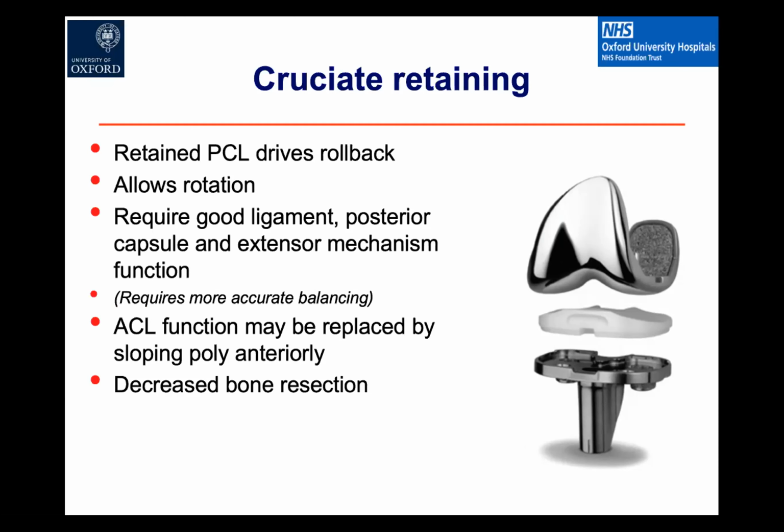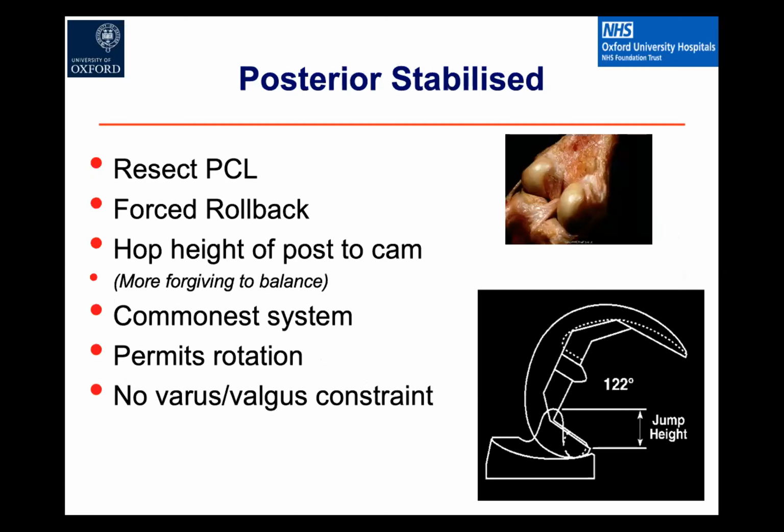So some people say I use a PS because it's easier to balance. You should be balancing your PS and CR implants perfectly, and not just be lazy and use a PS implant just because you can't balance a cruciate retaining knee. Again, ACL function is replaced by the slope of the poly, and this is a relatively bone preserving knee replacement.